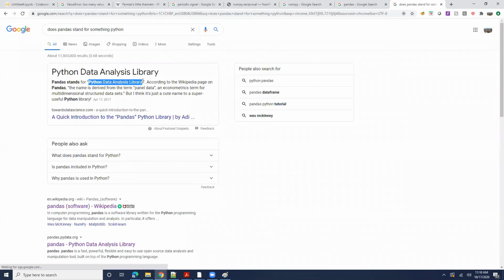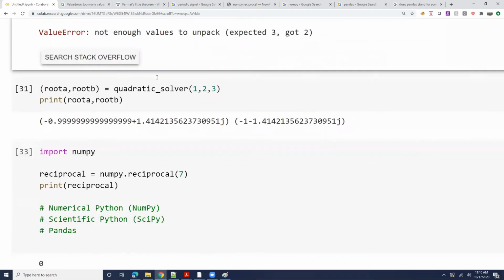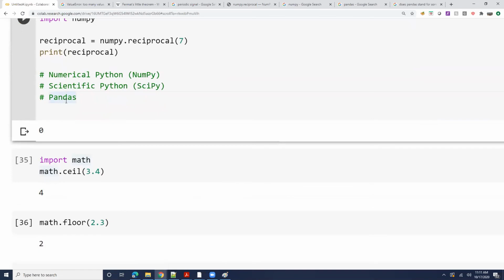Python data analysis library. So looks like something. We'll call this Python data analysis library called pandas.